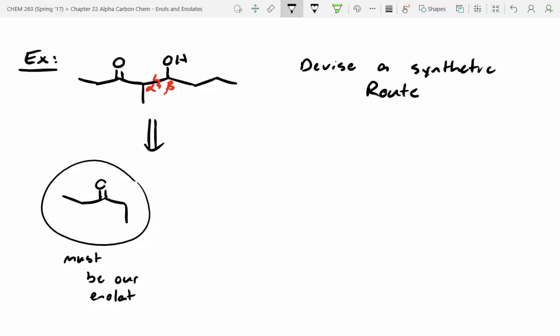Why do I know it must be our enolate? Yeah, it's the one that still retains the double bond to the oxygen, and its carbon is the thing forming the new covalent bond. So this must be our enolate, which means our other starting material must be an aldehyde. So we'll say this must be our electrophile.